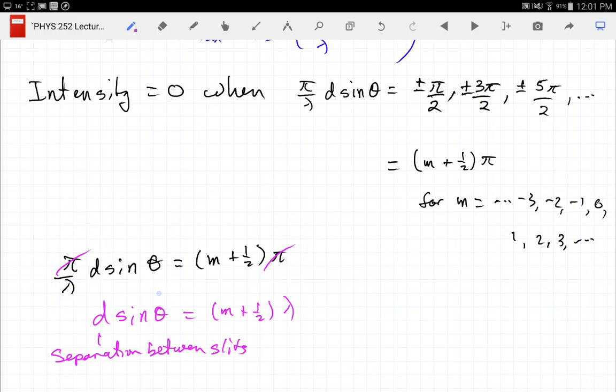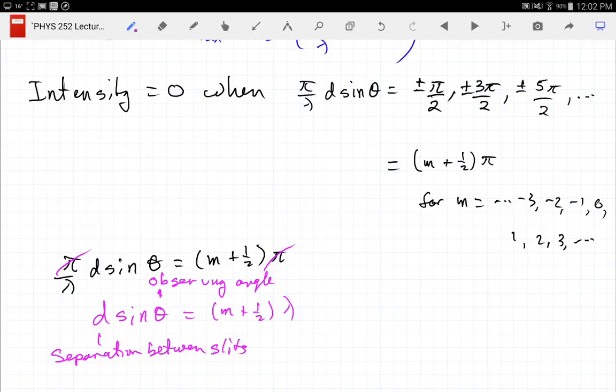What is theta? Between the normal to the slits and the direction the light is going. Okay, she defined it very clearly. I named it the observing angle, but it's exactly what Tori verbalized there.